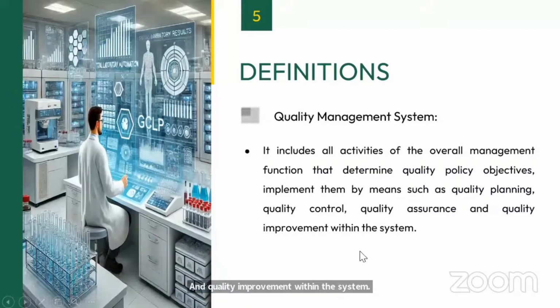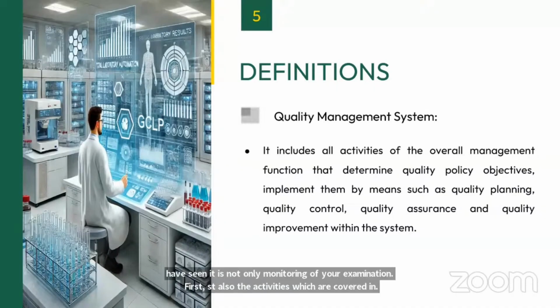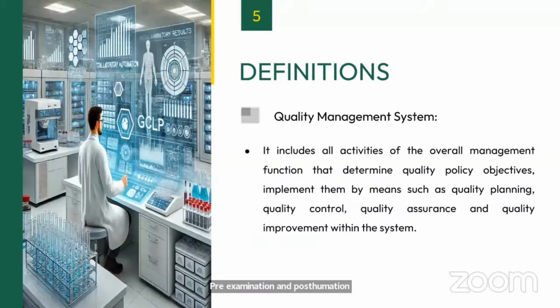So now we are going one step ahead. In quality control, we have seen that it is a real-time monitoring of your performance against set standard or set protocol, set criteria. In quality assurance, we have seen it is not only monitoring of your examination activities, but also the activities which are covered in pre-examination and post-examination, which helps to deliver a satisfactory service or satisfactory product.